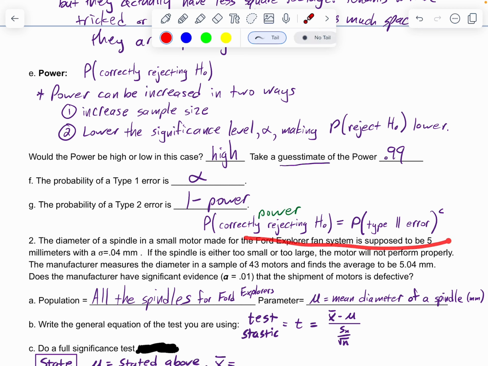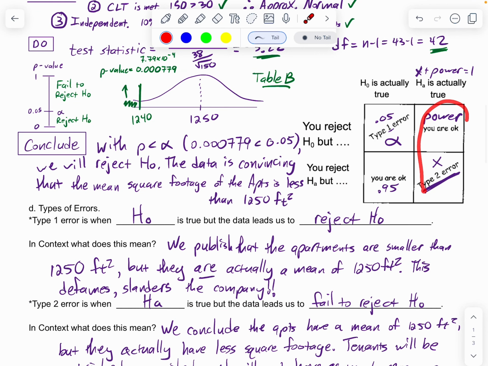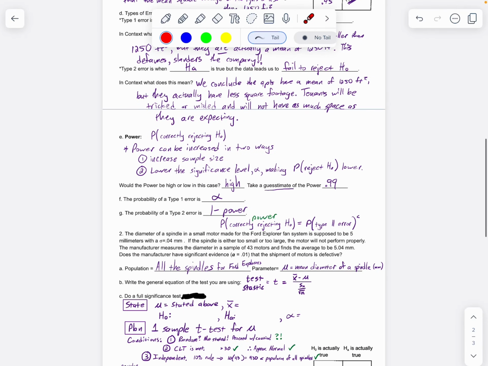What I'm trying to say here is that these two things are complements. If you don't make a type 2 error, then you are correctly rejecting the null. The type 2 error and correctly rejecting the null are complements. All right, very conceptual there.